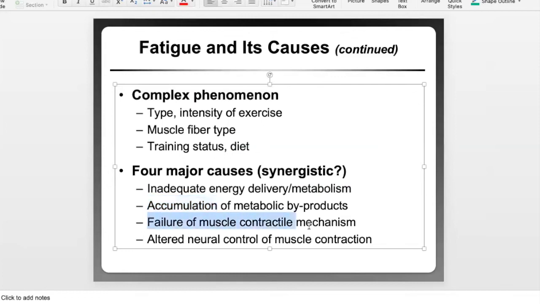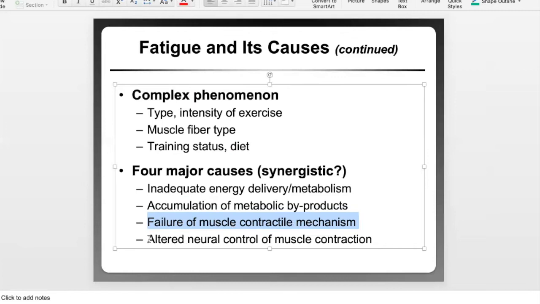Another reason for fatigue could be a failure of the muscle contractile system because you don't have enough calcium, or there's not enough glucose for muscles to contract, or there's not enough actin, there's not enough myosin, or there's not enough rest, there's not enough water. So potentially the ability for the muscle to contract is compromised.